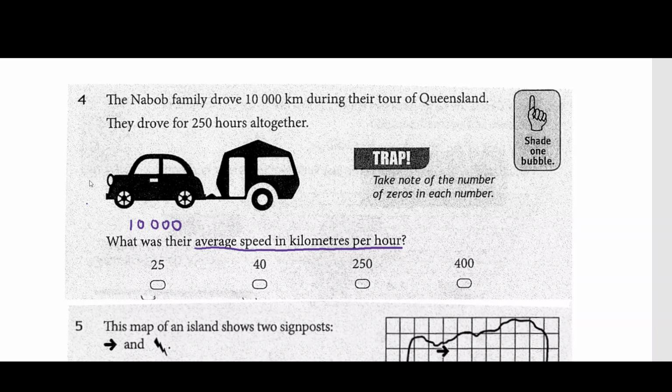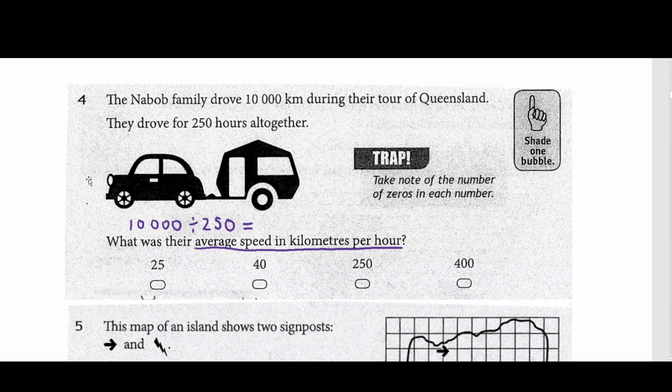So what we're going to do is 10,000 divided by 250, and this is the calculator allowed section. So in this section of the test, we're actually allowed to use our calculator. So we can type straight into our calculator 10,000 divided by 250. So 10,000 divided by 250 gives me 40.